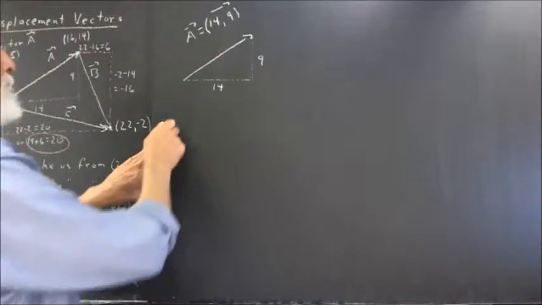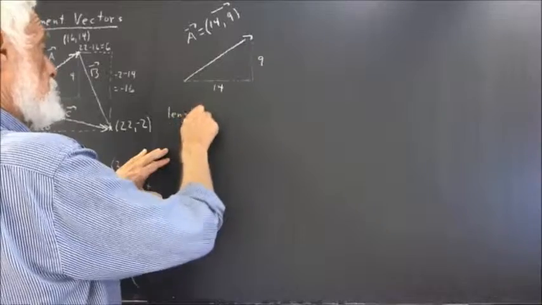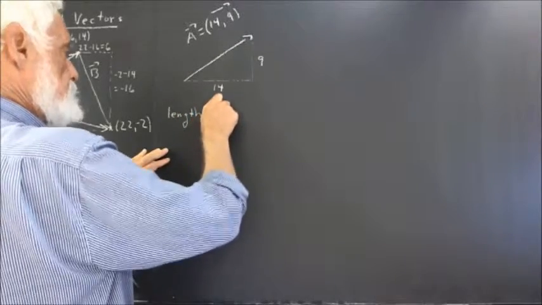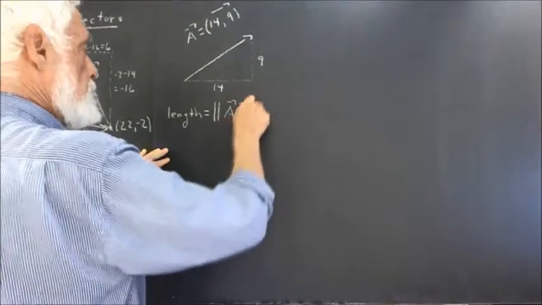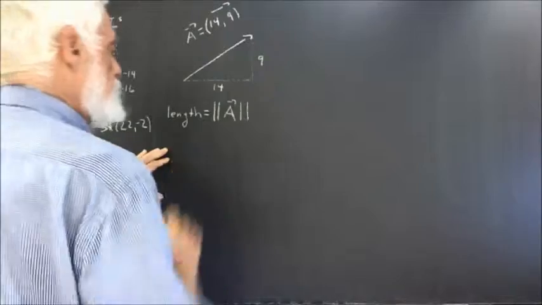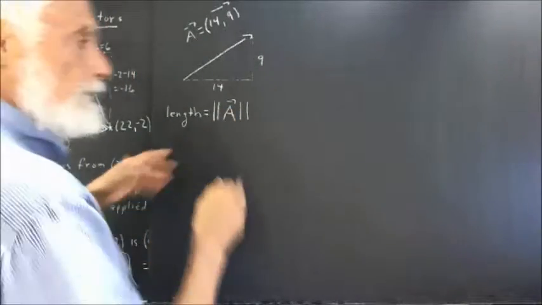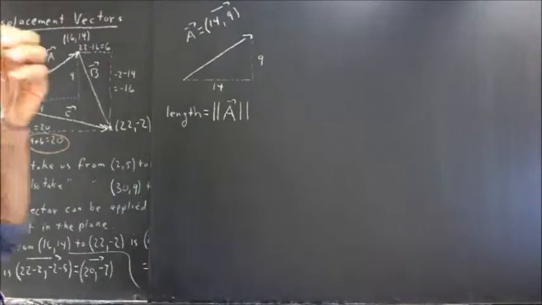So the length of this vector is an instance of what we call magnitude, and magnitude is like an absolute value, but this isn't just a simple number.